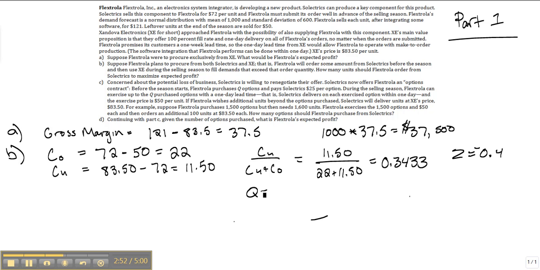Finally, we can convert that into a quantity using the formula the mean forecast plus the standard deviation times z, which is equal to 1,000 plus 600 times negative 0.4, and that's equal to a profit maximizing order quantity of 760 units.